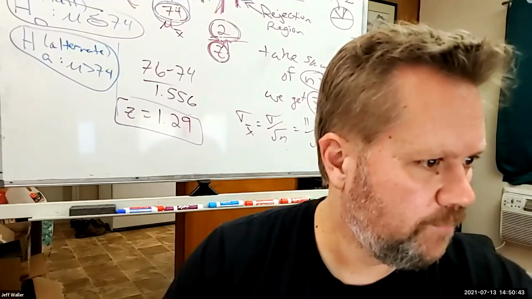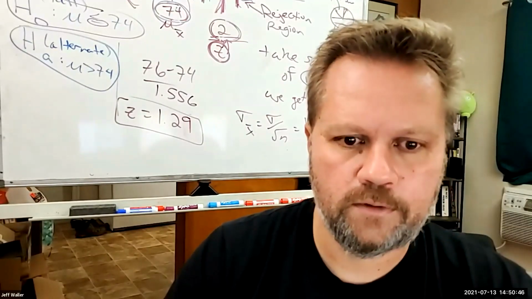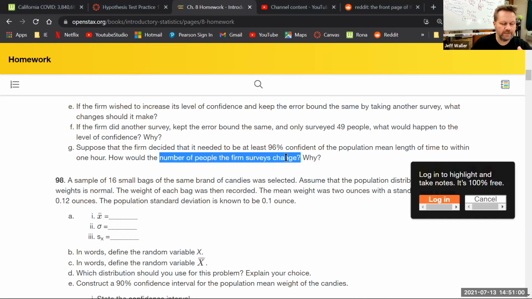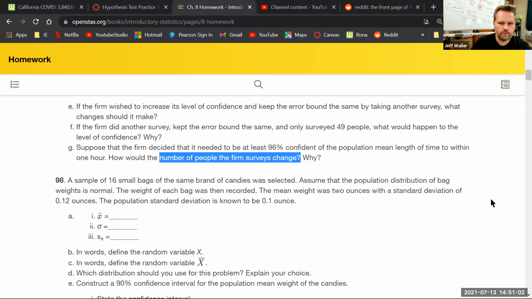For G. Okay. Suppose that the firm decided how the number... Oh, okay. So this is that you need to know the number of people they survey. What letter is that? What variable is that?